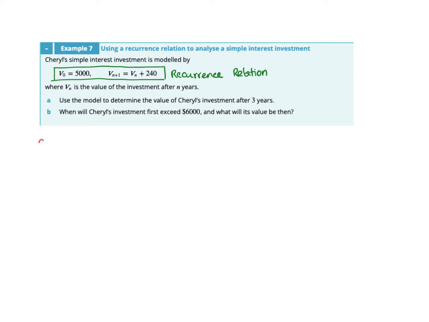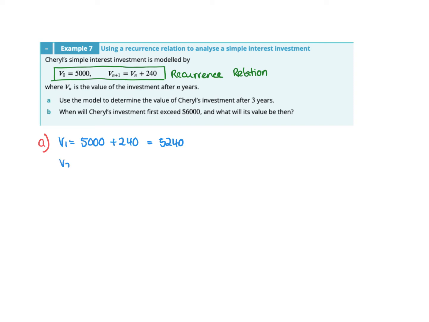So let's have a look at the first question. It says, use this model to determine Cheryl's investment after 3 years. Normally you have to show the working out of how you get it. So we've got V0. If I was going to get V1, it will be V0, 5,000 plus 240, which equals 5,240.